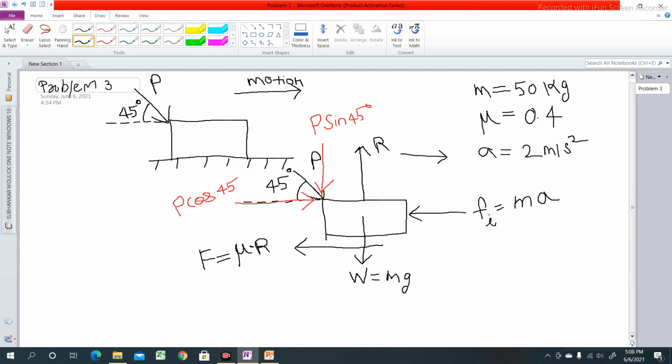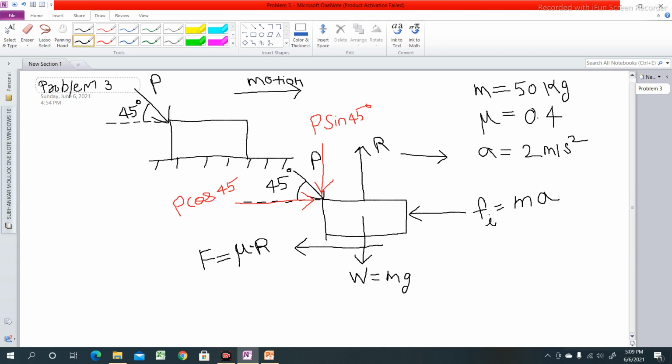What we need to find out in this problem? We need to find out the push force P. How we can find out? If we write down the force equilibrium equation for this block, so what will be the force equilibrium equation? That is summation Fx equal to 0 and summation Fy equal to 0.